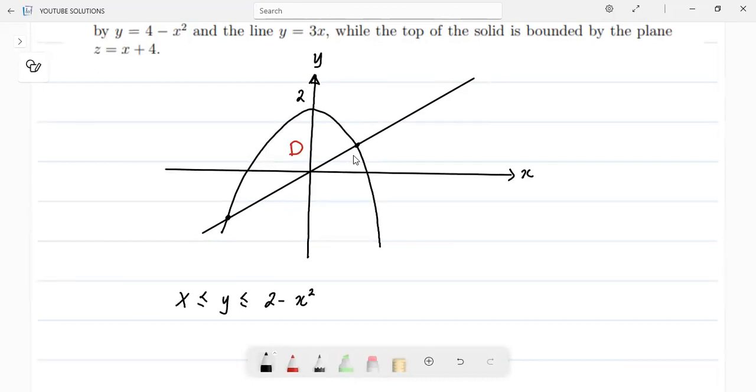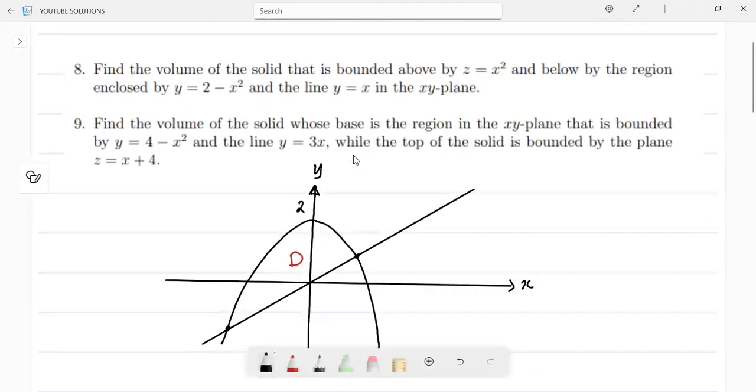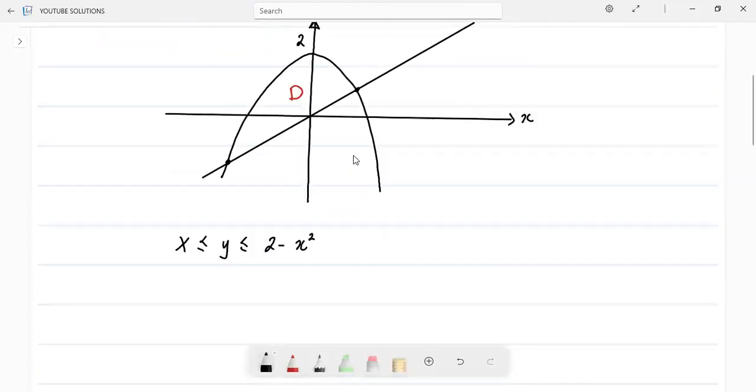What are the limits for x? How do we get them? We get these limits by solving the two equations simultaneously, equating them to each other. So I'll solve 2 minus x squared equal to x. Moving terms to one side, you have x squared plus x minus 2 equal to 0.